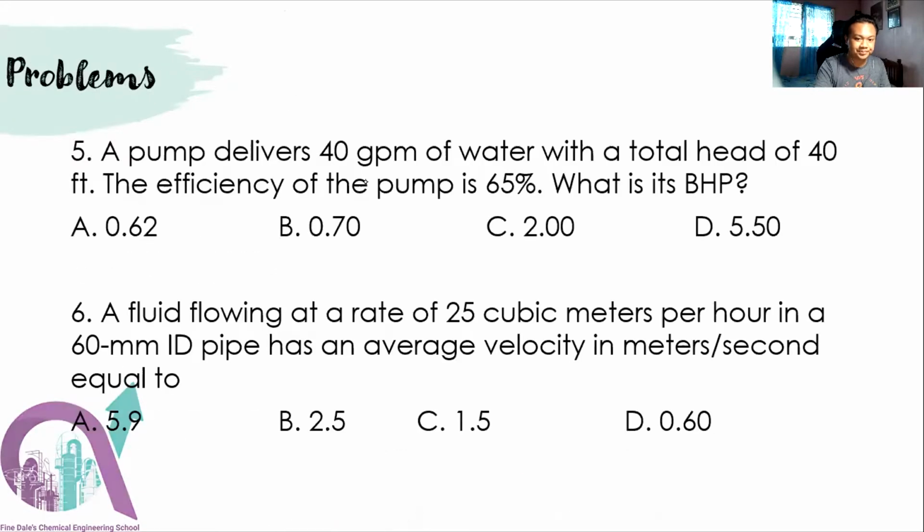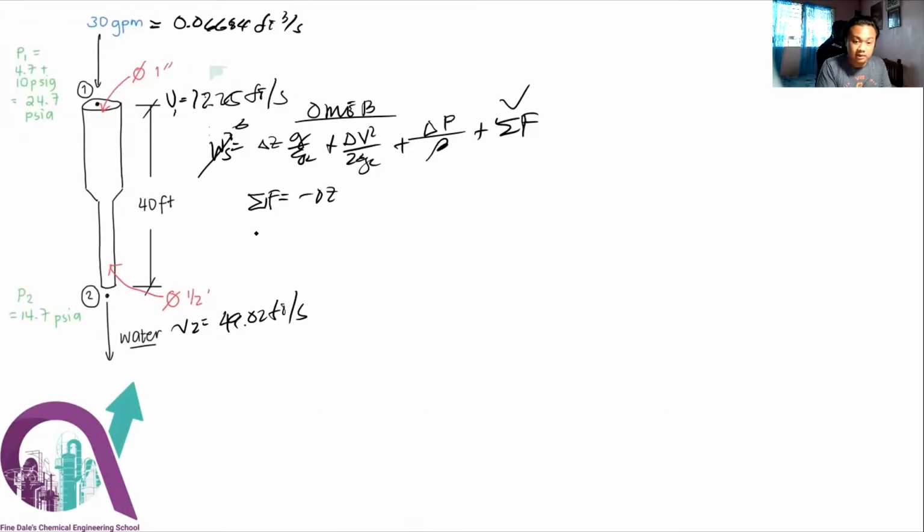So we have negative V squared over 2gc minus P, and so this is just Z2 minus Z1, V2 minus V1, and then P2 minus P1. Okay, that's just that.